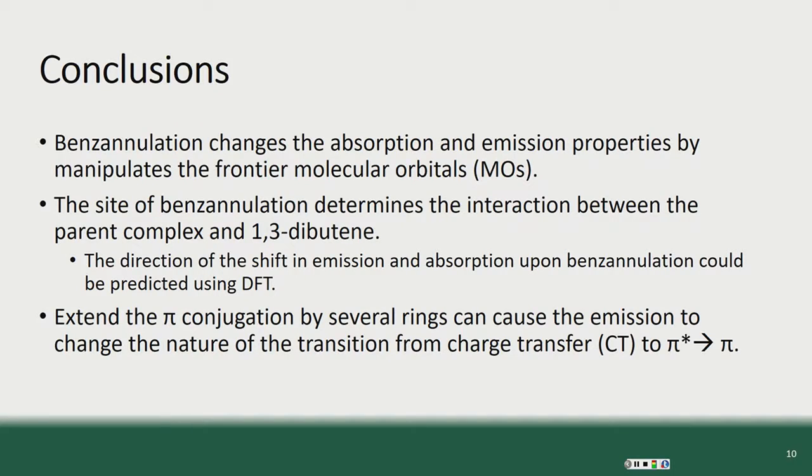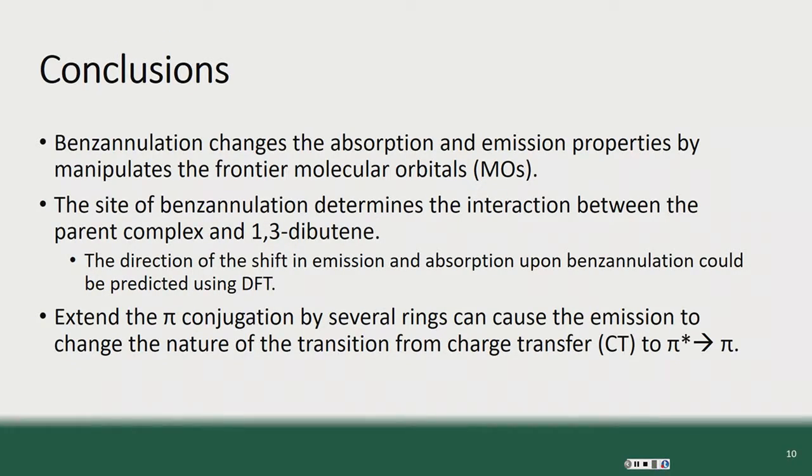So as a computational chemist, I can take a parent molecule, run DFT calculations, and go back to the experimentalists and say, these are good points for benzoynylation because the energies will go down, which is what we're looking for. We want to go under 800 nanometers. And then the last is if you have too much pi conjugation extension, you'll go from a charge transfer to a pi star.